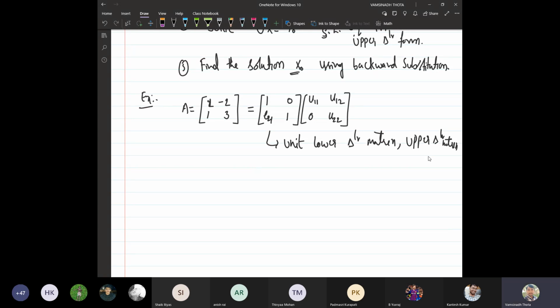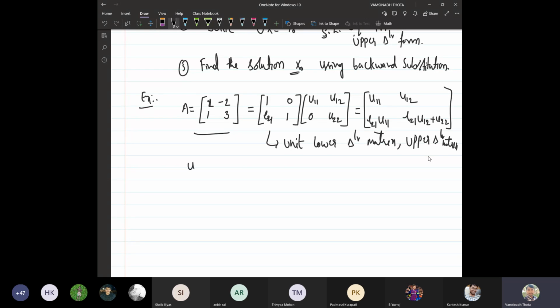Now let us multiply these two matrices and see what we get. Multiplying, you will get U11 and U12 in the first row, and in the second row L21 times U11, and L21 times U12 plus U22. Now equate this with A, respective terms.